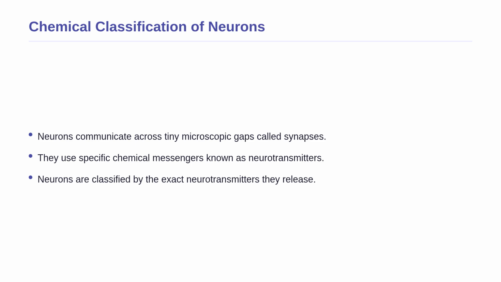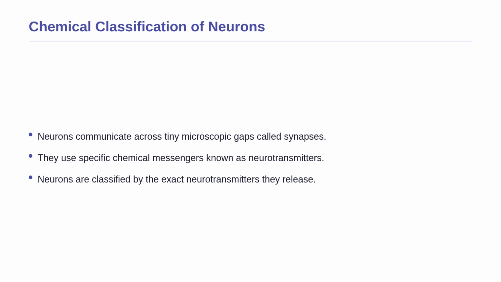Beyond their functional roles, we can also classify neurons by the language they speak. Neurons do not physically touch each other. Instead, they communicate across tiny, microscopic gaps known as synapses. To send a message across this gap, they release specific chemical messengers called neurotransmitters.